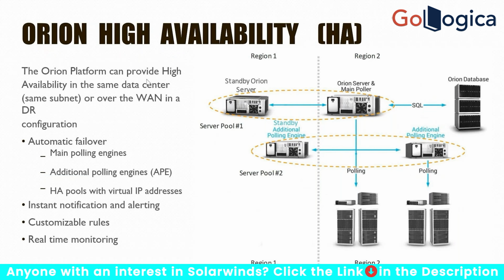So the high availability that I am talking about here is only at the application level. Application level means SolarWinds level. The SolarWinds application does not provide database level high availability. You can work with your database administrator and configure that. We will not be involved in database high availability, so you need not worry about that.